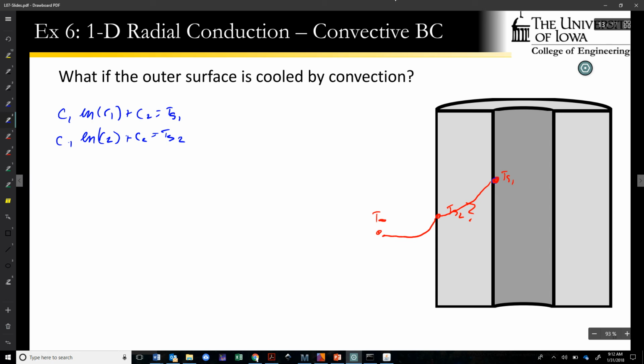And what that's going to look like is negative K over R2 C1 is equal to H times TS2 minus T infinity. And this one is a bit of a pain to actually solve because in this case you've got 3 unknowns and 3 equations, the 3 unknowns being C1, C2, and TS2.